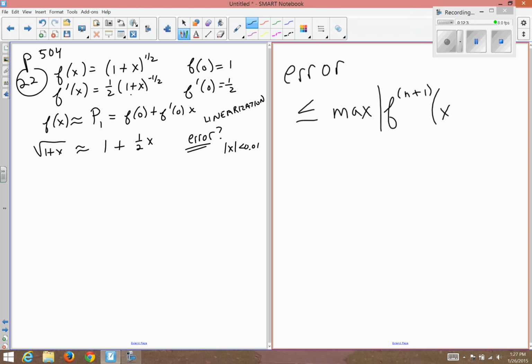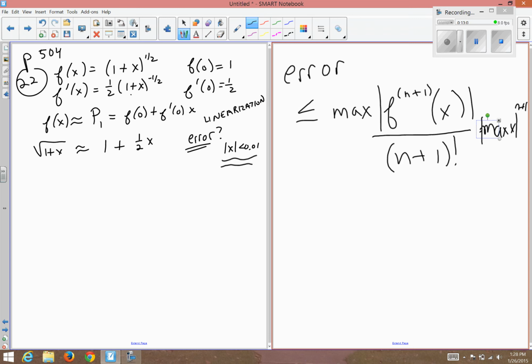It really says minus c, but c is 0 in this case because x is near 0, divided by n plus 1 factorial times the maximum x. Actually, the absolute value of the maximum x, raised to the n plus 1 power. So you have this formula on a handout.